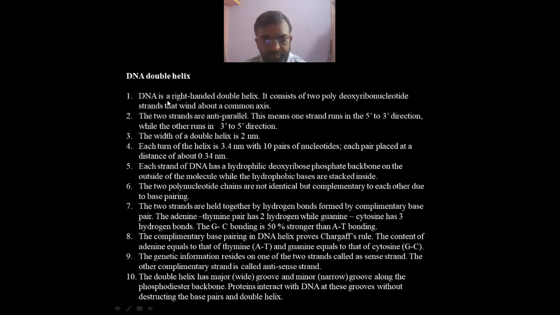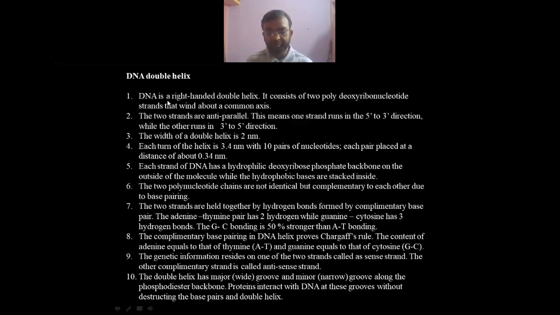The double helix has a major groove and a minor groove along with the phosphodiester backbone. Proteins interact with the DNA at these grooves without disrupting the base pairs and double helix. This is a very important point. In the picture you are seeing the major groove and minor groove, and here the proteins can interact, because for expression or suppression of expression, different proteins are there.